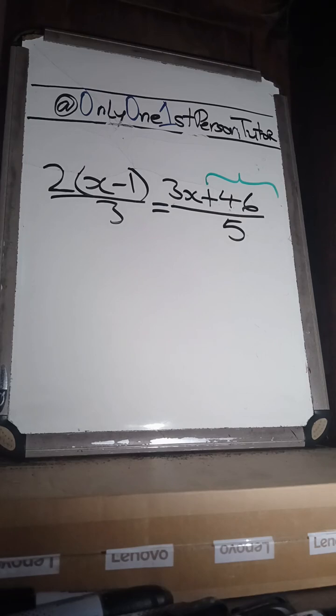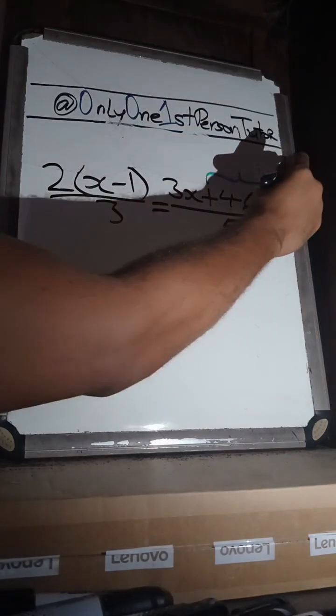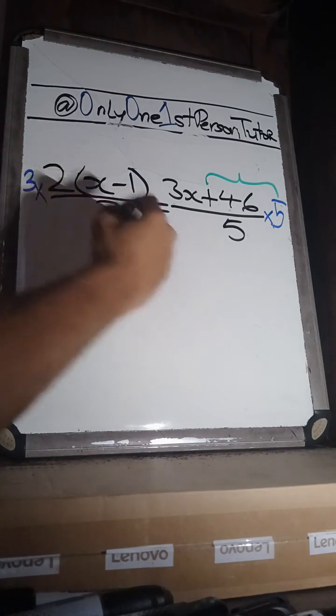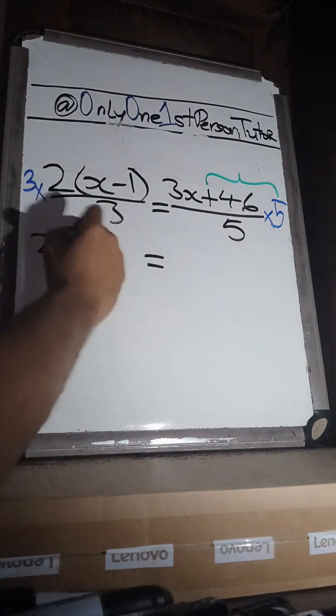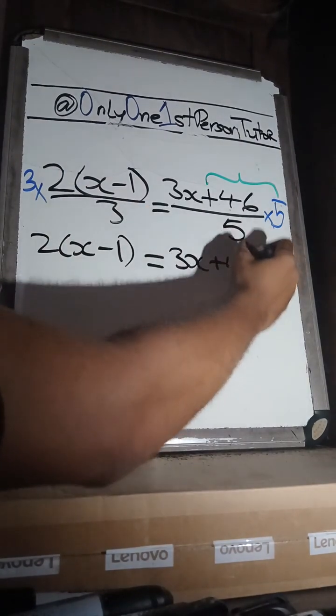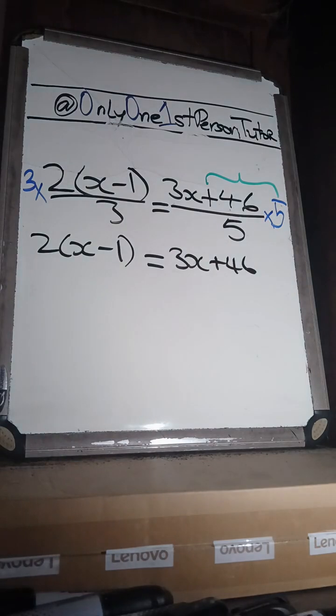So okay, let's do it one at a time. I'll multiply this by 5. Then I'll multiply this by 3. So therefore I end up with this. 15 over the 3, 5 times that.